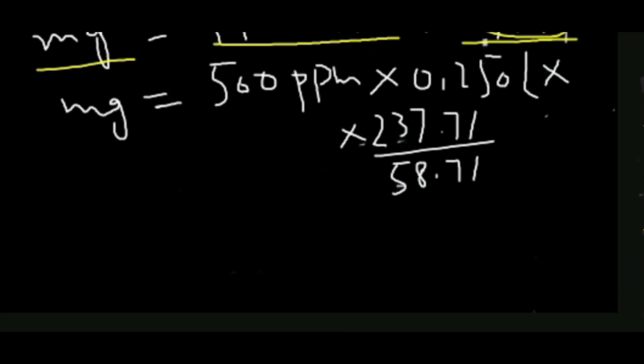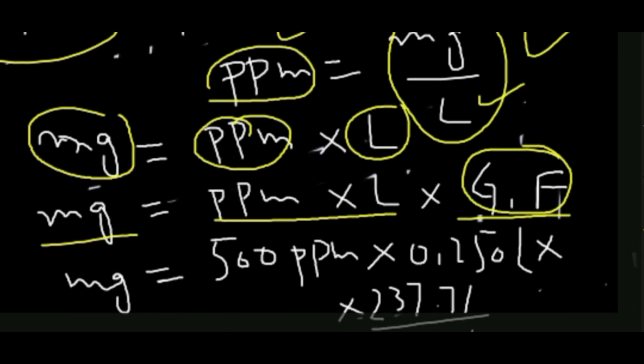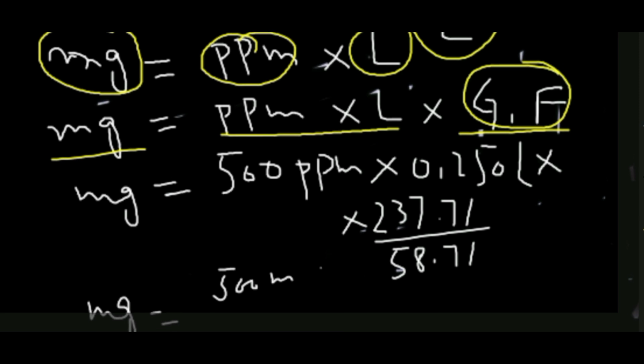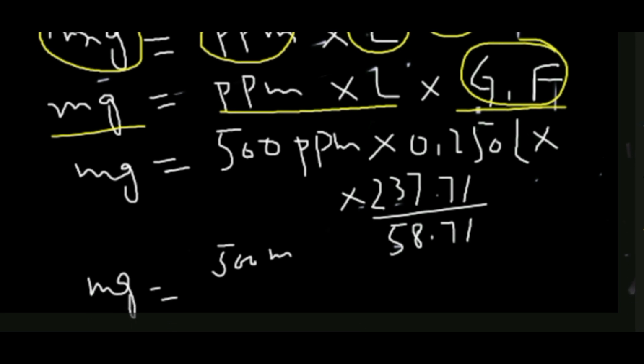So now we can write that milligram will be equal to, if you multiply this one like this, 50. We have written 500, so here is a mistake for this one. So you can say we have 50 ppm, not 500.